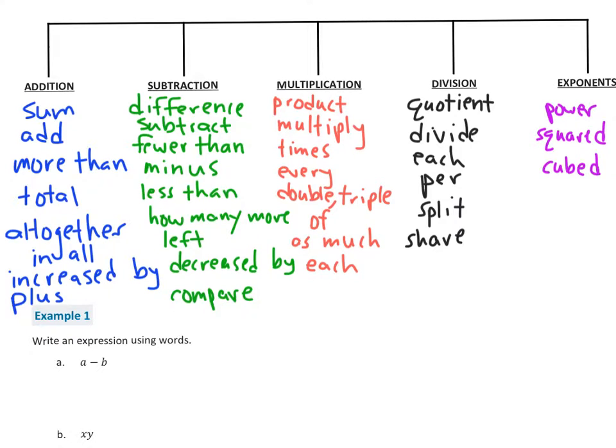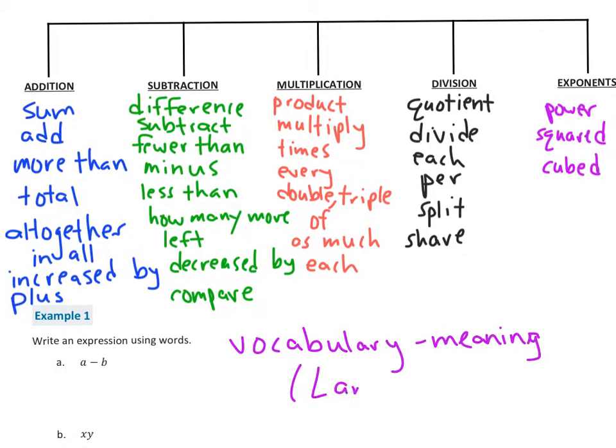So I know this is from lesson 15 and we're doing lesson 16, but I think it's important to understand that in order to use our visualization and common sense, we first have to understand the vocabulary. And with the vocabulary, we have to understand the meaning of not just the words, but the symbols that we're looking at in math. So it all comes down to the language, right? Understanding the language starts with understanding the vocabulary and meanings of words.